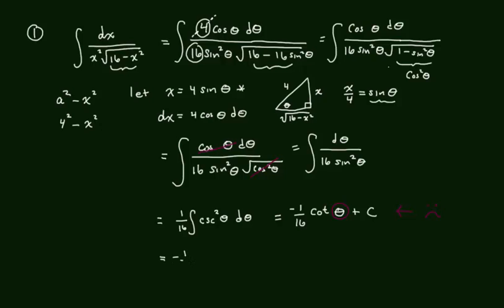So we have negative 1 over 16, and I have to say, well, what is the cotangent of this angle theta? Well, it's going to be adjacent over opposite.